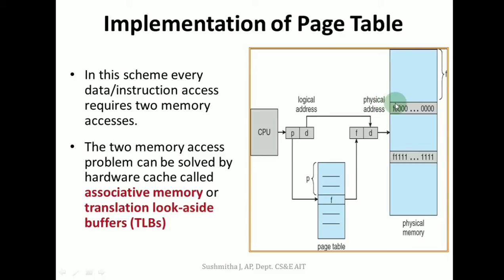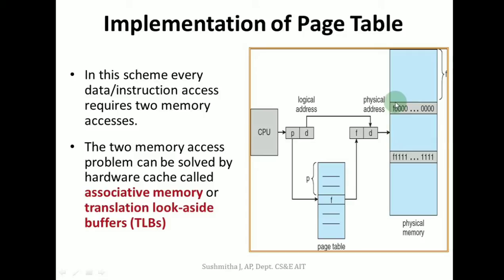We have already seen earlier, when we started with memory management, that compared to the speed of the CPU and the CPU registers, main memory is a little slower, and we spoke about your cache memory.